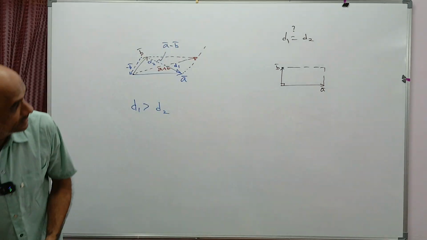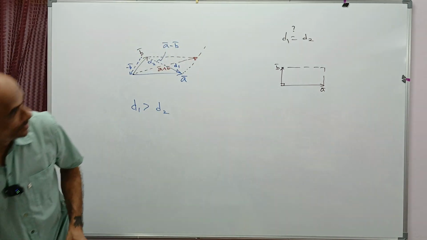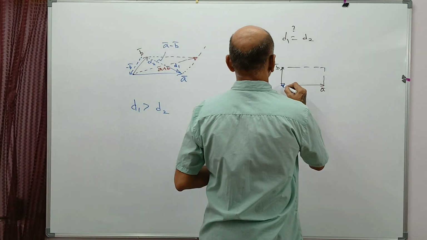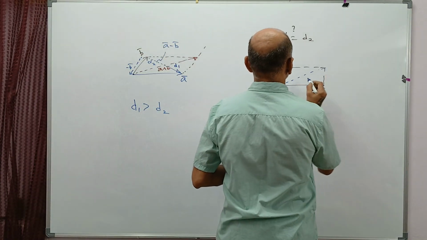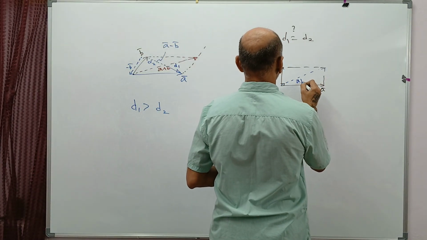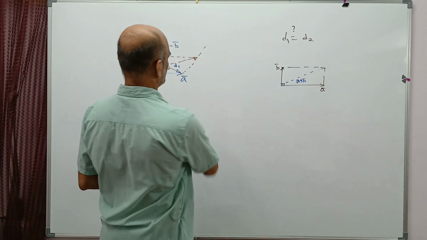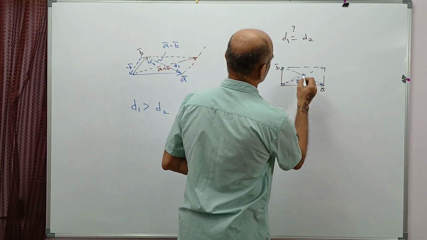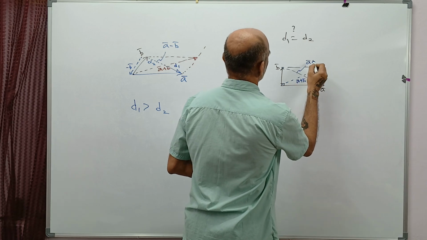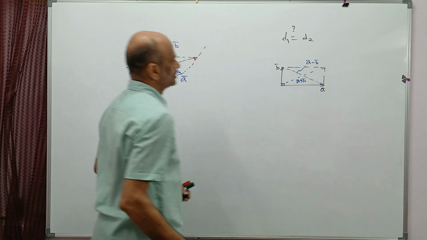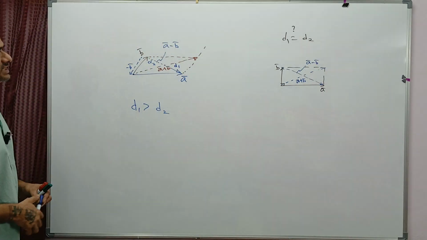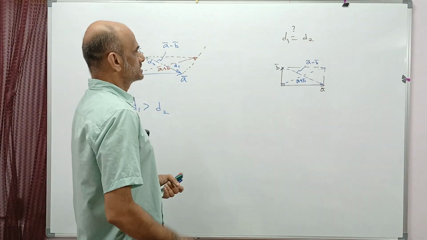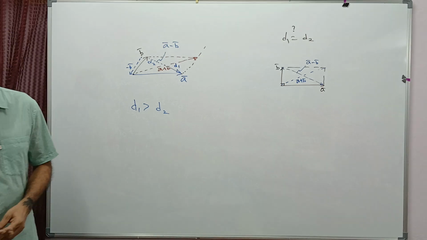So in the case of a rectangle, both the diagonals are of the same length. This is A plus B by parallelogram addition, and the other diagonal is A minus B. So in the case of two vectors A and B making 90 degrees, the parallelogram will become a rectangle, and both the diagonals are of the same length.